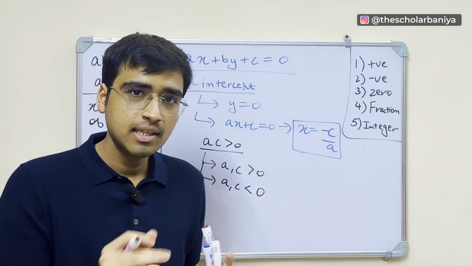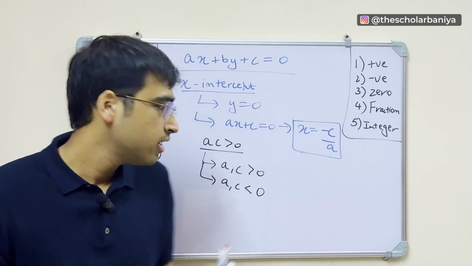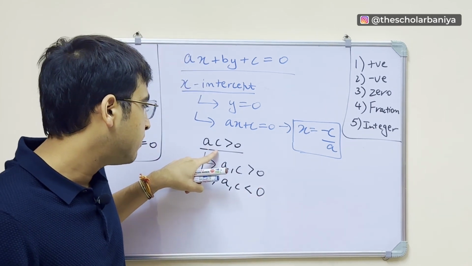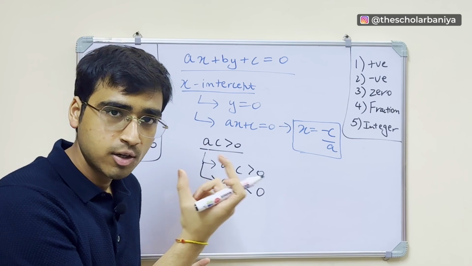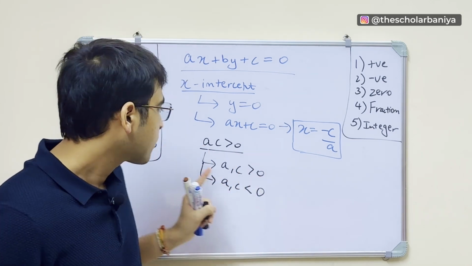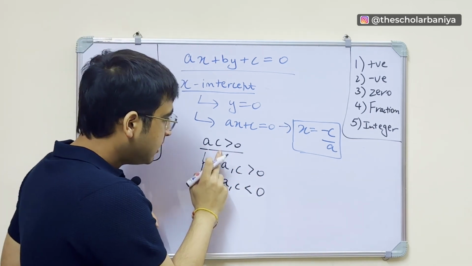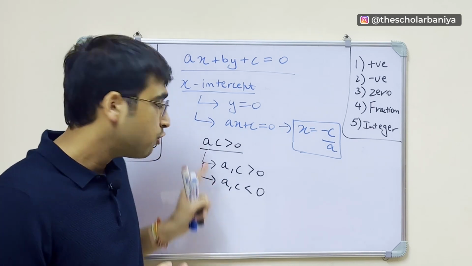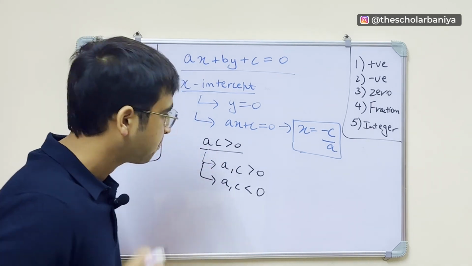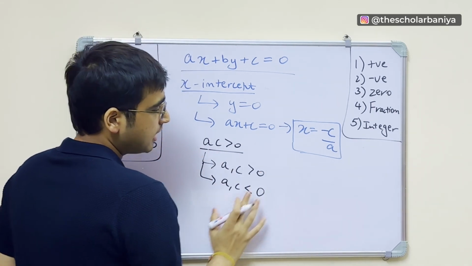Because it is not possible that one is positive and one is negative. Because, for example, if A is positive and C is negative, then the product of A and C will be negative, right? So that is why in this case, either both have to be positive or both have to be negative, right? Okay. So these are the two possible cases.